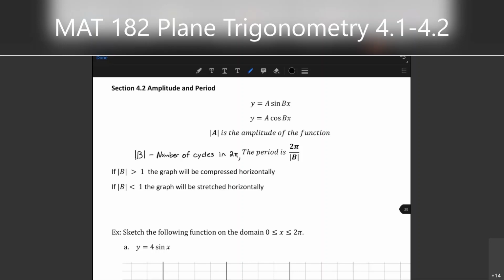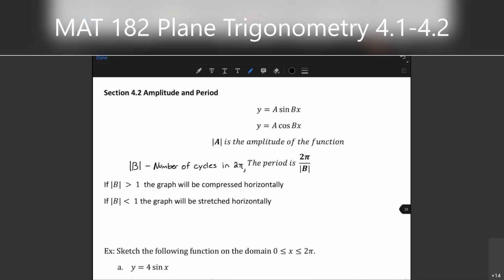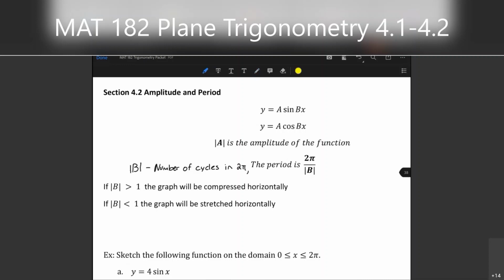So the first thing we'll talk through is just the format these functions will come in. The equations of sine and cosine we'll see with these coefficients of a and b. So either equal to a sine bx or a cosine bx, where a is signifying the amplitude and the b is affecting the period.